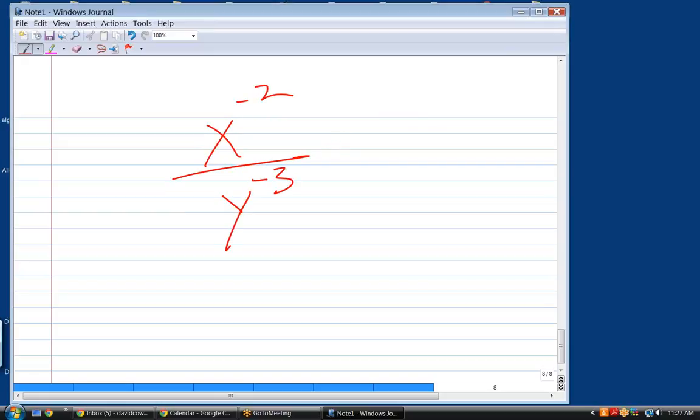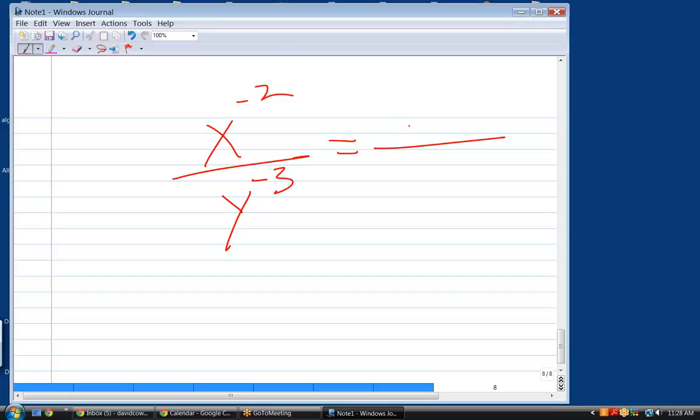What's that equal to? Move the whole thing to the other side of the fraction bar in order to change its negative exponent to positive. So you're going to have a fraction, but what's going to go in the numerator and what's going to go in the denominator?